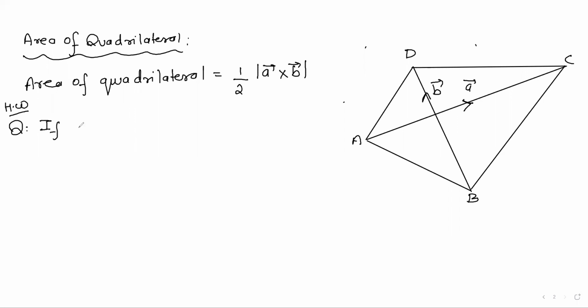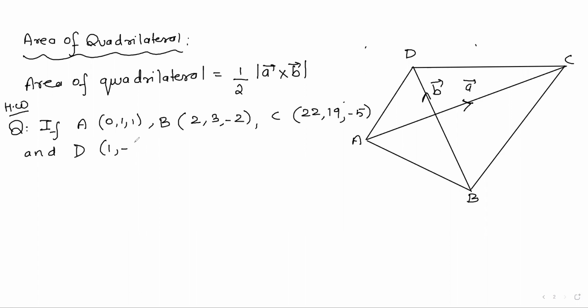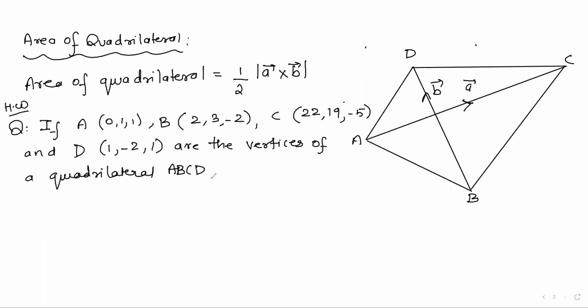If point A is (0, 1, 1), point B is (2, 3, -2), point C is (22, 19, -5), and point D is (1, -2, 1) are the vertices of a quadrilateral ABCD, find its area.